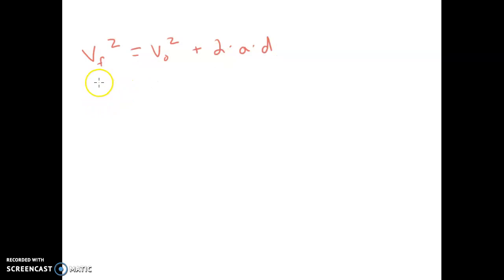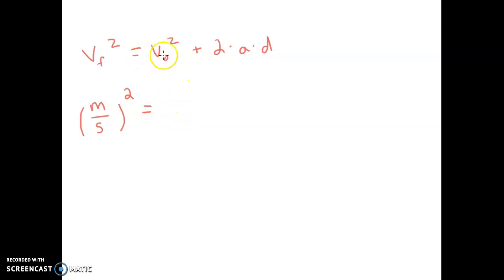Okay, so we know, if we were just going to do this in units, that velocity has units of meters per second, from what I just said, and that's squared.